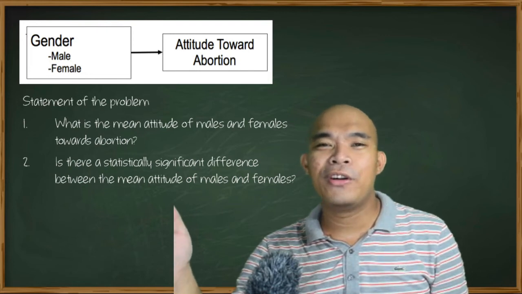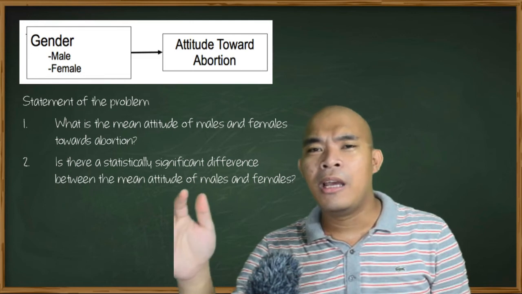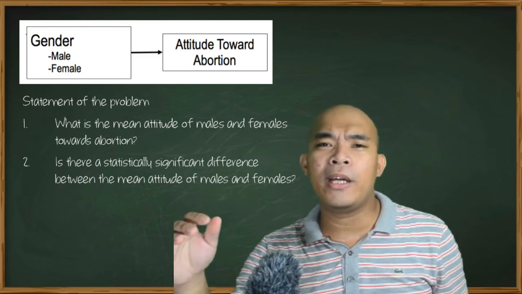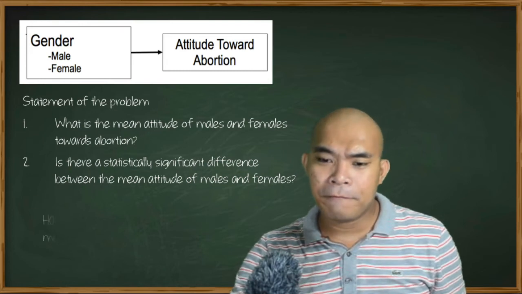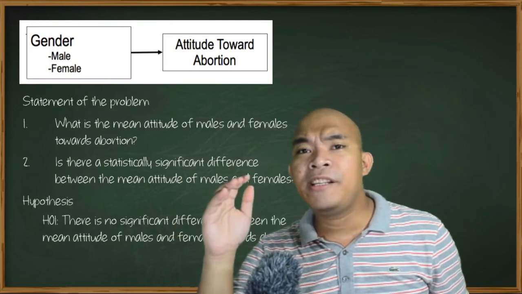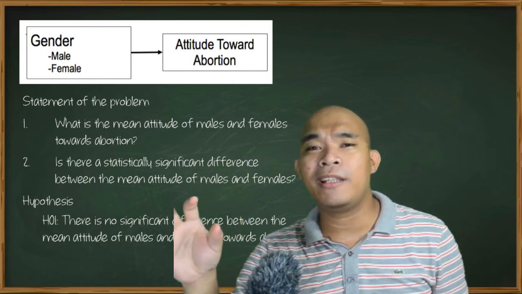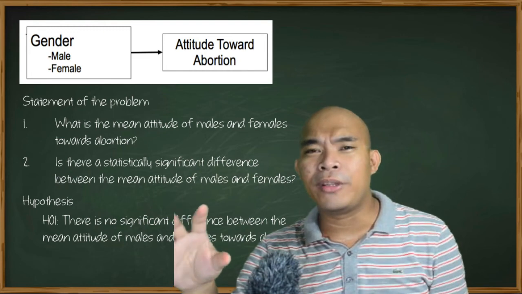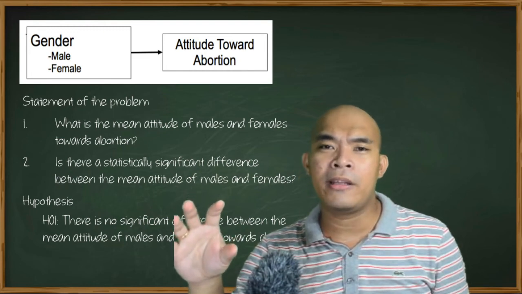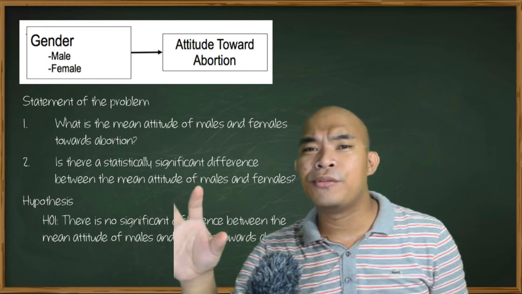Of course, only one for problem number 2, since the statement of the problem number 1 is in descriptive form. So the null hypothesis will be, there is no significant difference between the mean attitude of males and females towards abortion. So take note of the similarity of the statement of the problem number 2 and the null hypothesis.